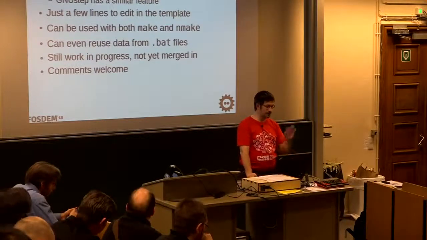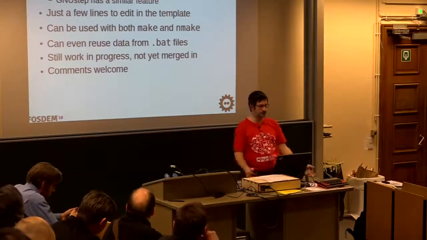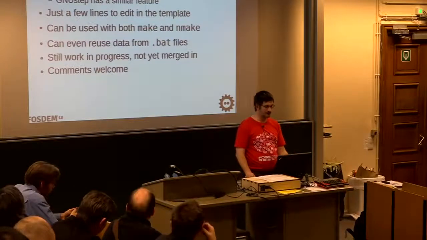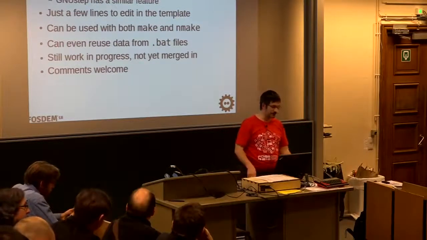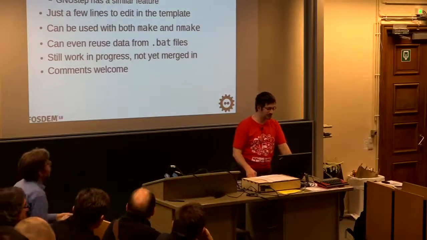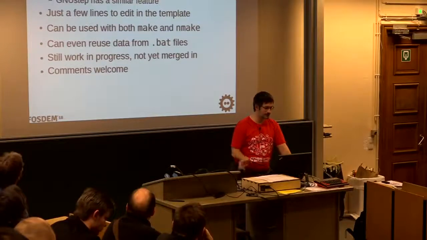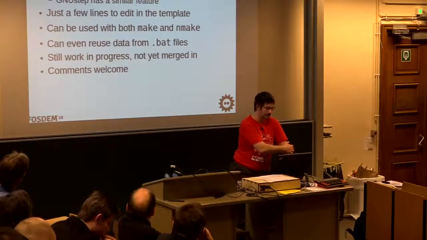And I use a little trick, and it even works with nmake on Windows, so we should be able to drop the batch files, and it might be able to extract the info from the batch files of existing projects. It's not really finished yet, so I have to merge it in the main branch. If you want to have a look and comment on it, that would be welcome.